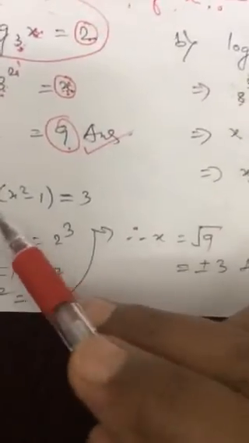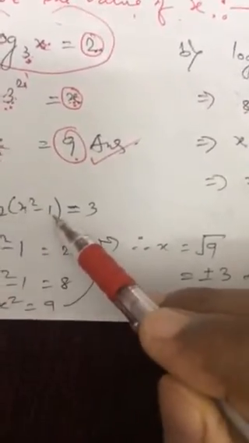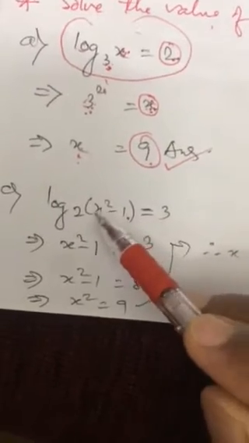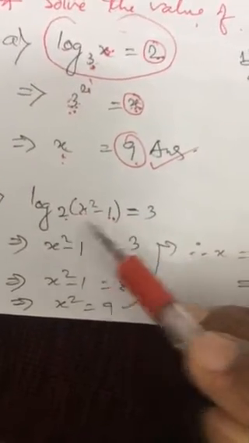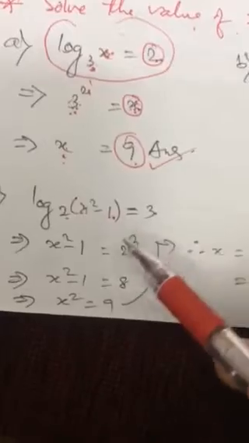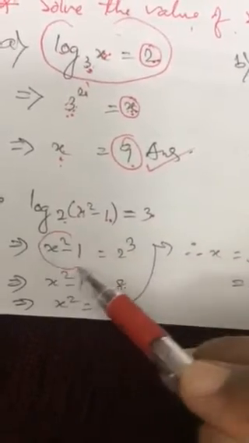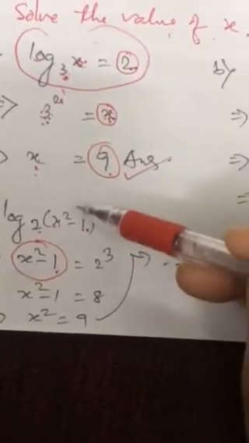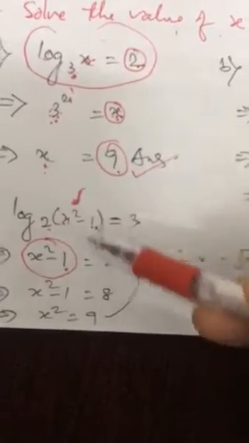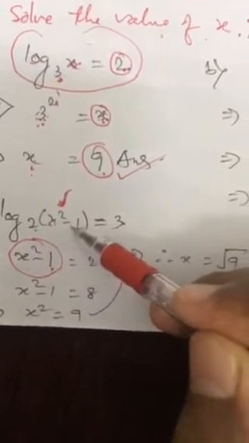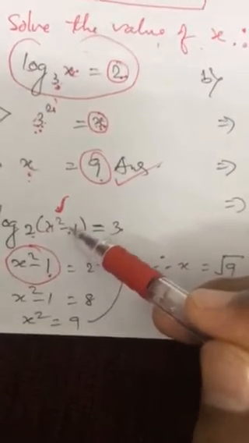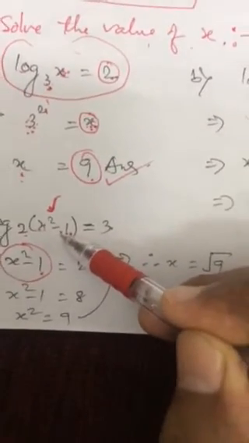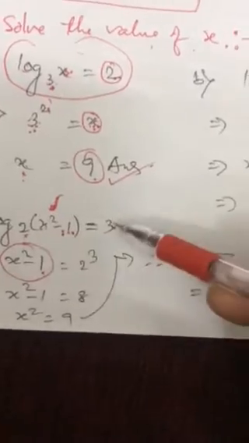Now it is a bit more difficult. Log of x squared minus 1 to the base 2 is 3. This means the log of this number, that is the exponent of this number to the base 2, is 3.